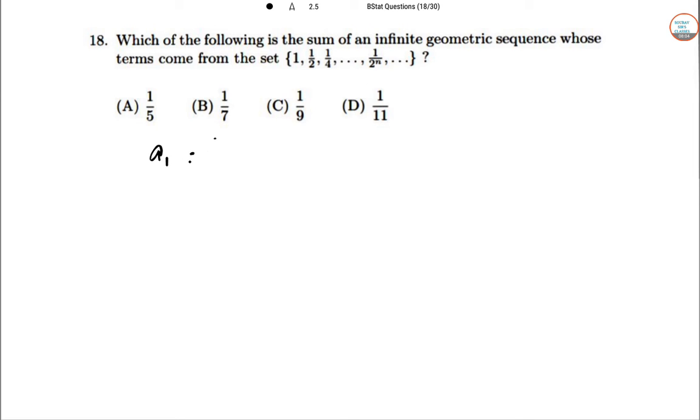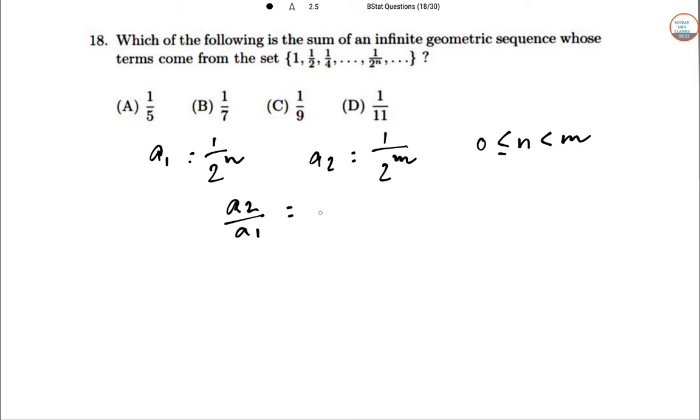So let a1 equal 1 by 2 to the power n be the first term, and a2 equal 1 by 2 to the power m be the second term of the series, where 0 is less than or equal to n, less than m. Then the common ratio of this progression is a2 by a1, which is 2 to the power n minus m. So the sum S is equal to 2 to the power minus n over 1 minus 2 to the power n minus m.